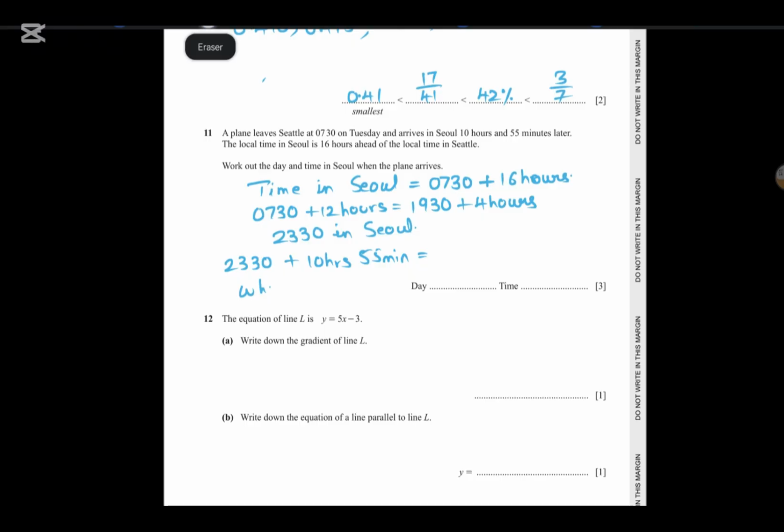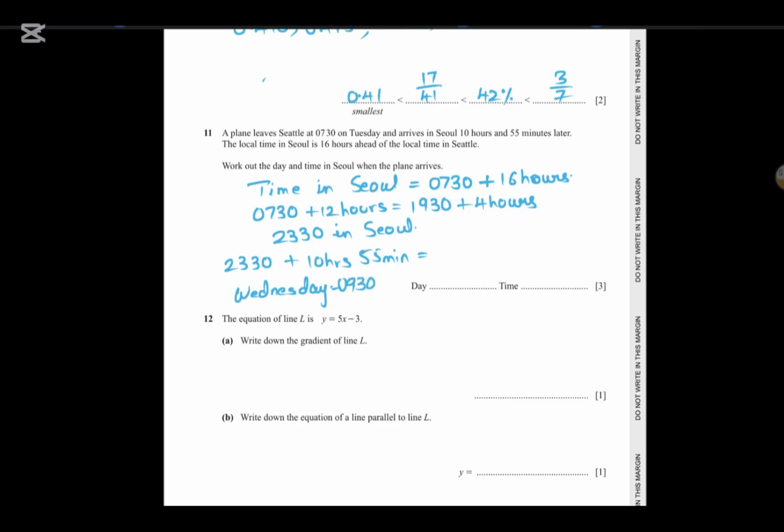After half an hour the Wednesday starts. So 23:30, 00:30, add 10 hours: 00:30, 1:30, 2:30, 3:30, 4:30, 5:30, 6:30, 7:30, 8:30 and 9:30. So after 10 hours it will be 9:30.